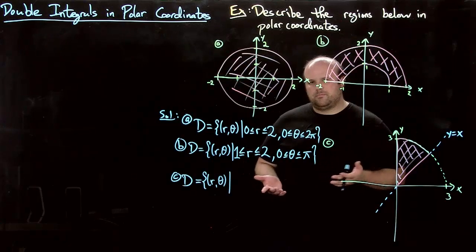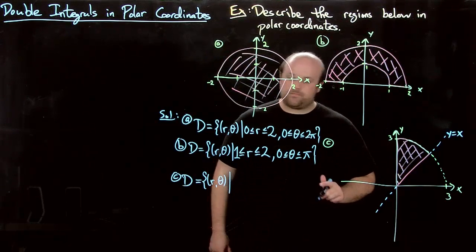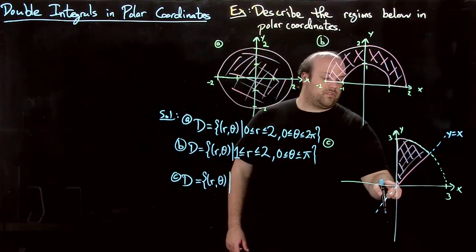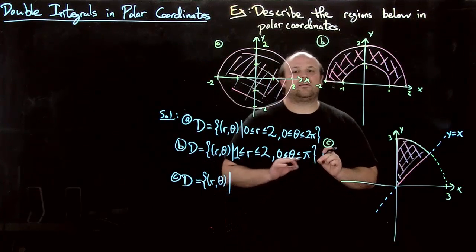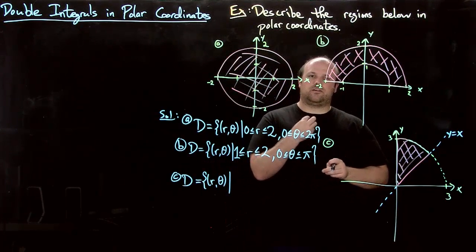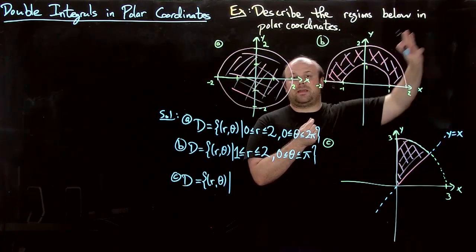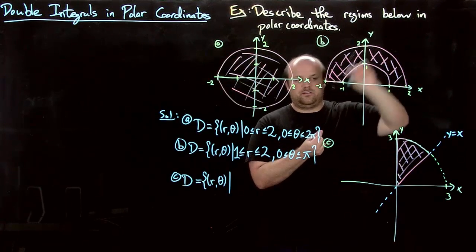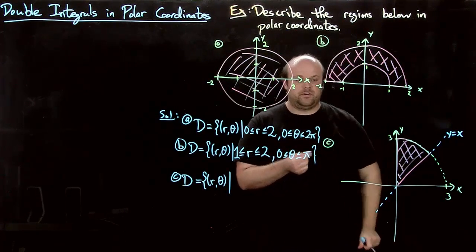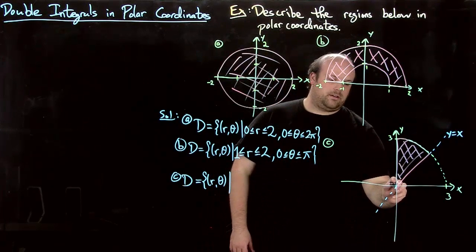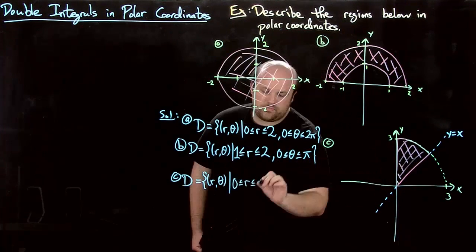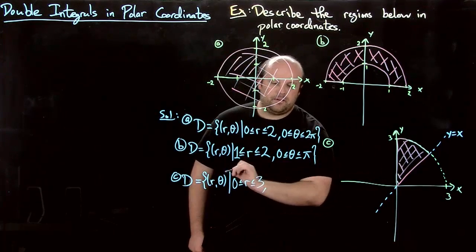We'll give some that are not, but anyway. So here, and remember, when you're thinking of r in polar coordinates, r starts at the origin and makes its way out along rays coming out of the origin. So here, r starts at 0 and can go all the way out to 3. Right? So r is between 0 and 3.